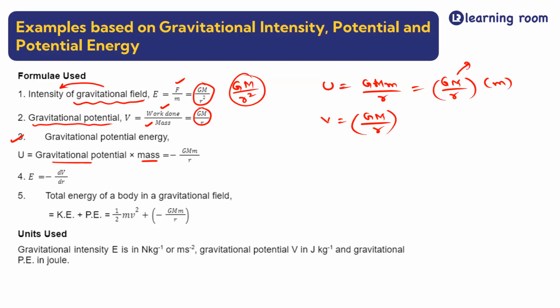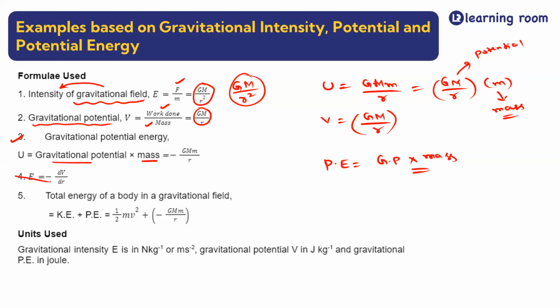But we know that G into capital M divided by R is potential. So it is potential into mass. So potential energy is equal to gravitational potential into mass.